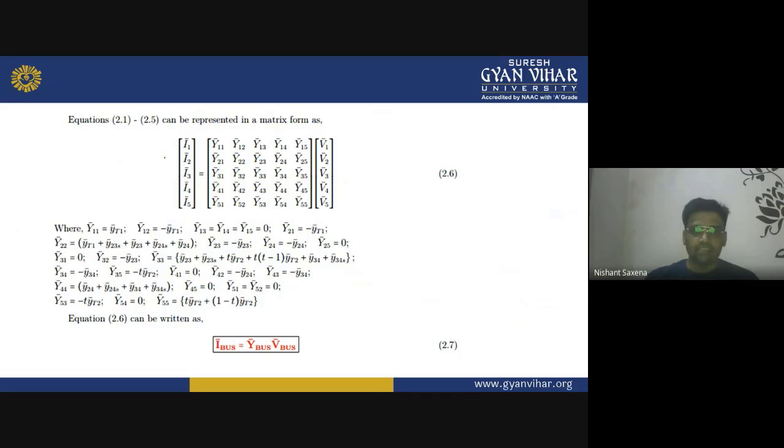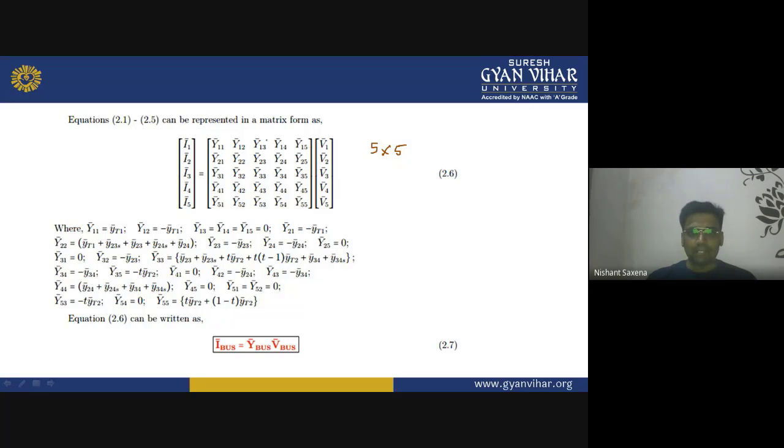Now, when we represent this in matrix form, I can write I1, I2, I3, I4 and I5 as equal to Y11, Y12, Y13, Y14, Y15, and so on. That means we are going to make a 5 cross 5 matrix, 5 rows and 5 columns. Is this clear? And next to it we will have V1, V2, V3, V4 and V5.